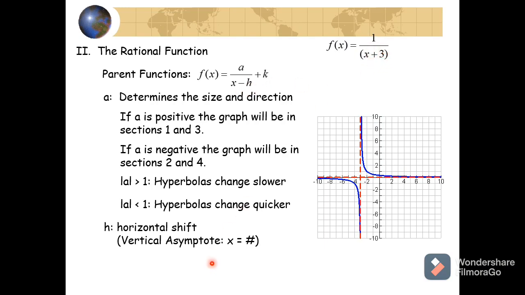Or, kung matatandaan nyo, we have x plus 3 is equal to 0. So, finding x here, by subtracting 3 on both sides, we have x is equal to negative 3.